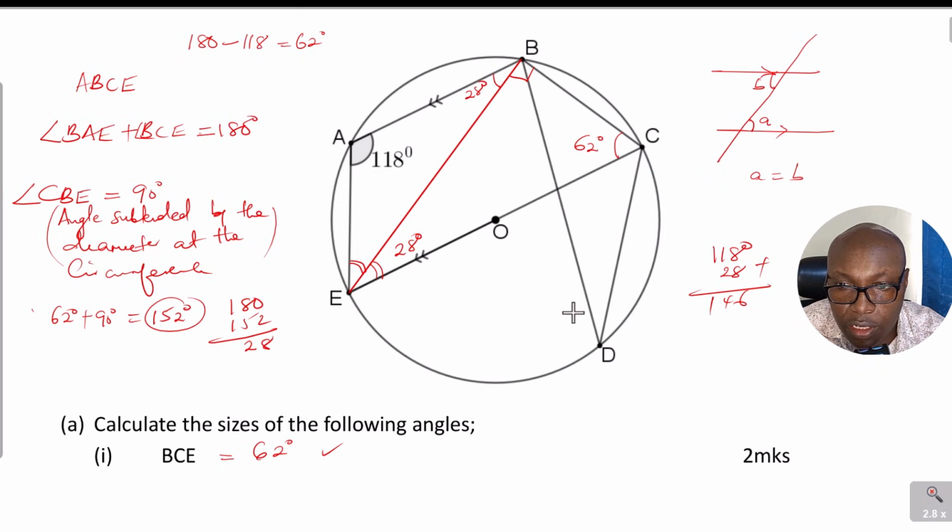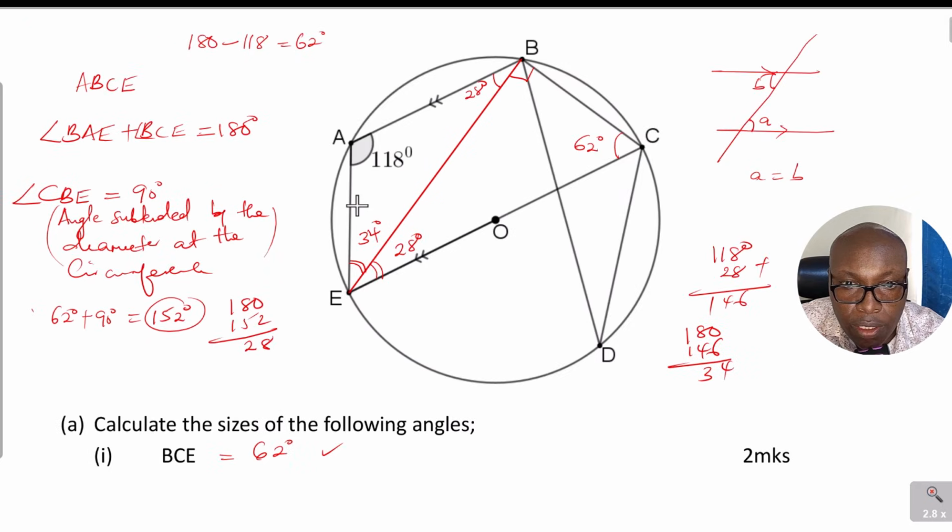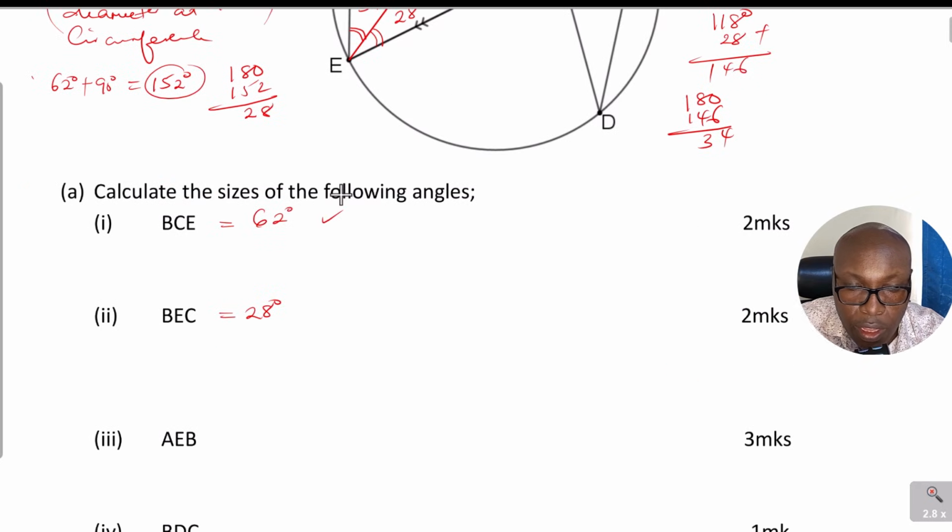So for the remaining angle, we simply take 180, subtract 146, and that gives 34. So this will be 34 degrees, the sum of angles in a triangle. So AEB is therefore 34 degrees.